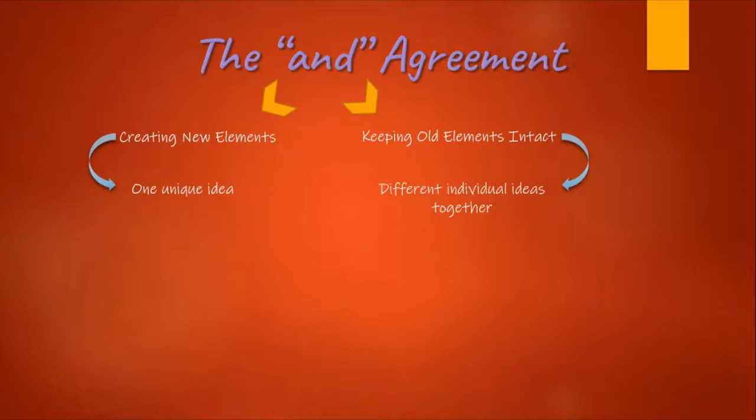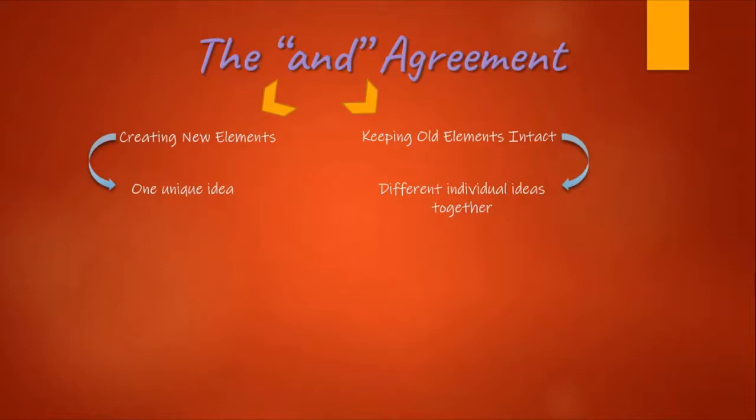On the other hand, as I said, the old elements may stay intact. Basically, what I'm trying to say is that different individual ideas come together, but they don't lose their property, their identity. They are there, but as their own. They stand on their own, right? So these two things may happen.